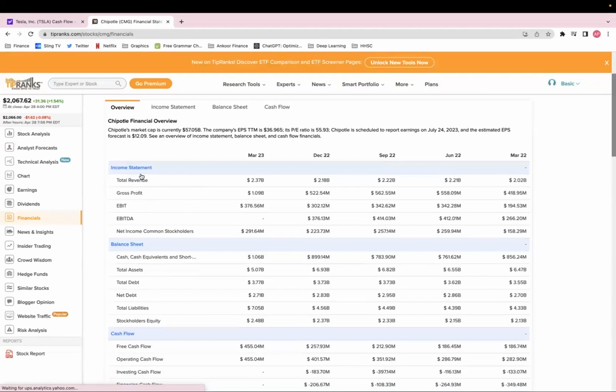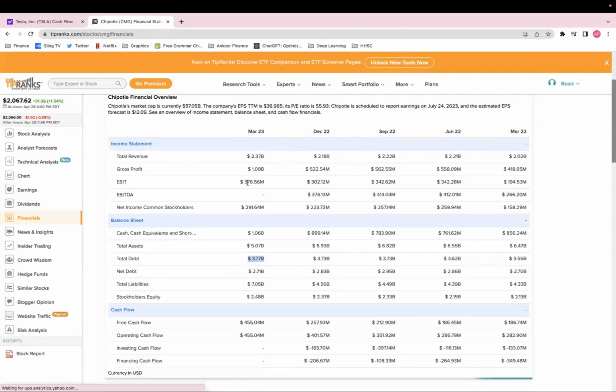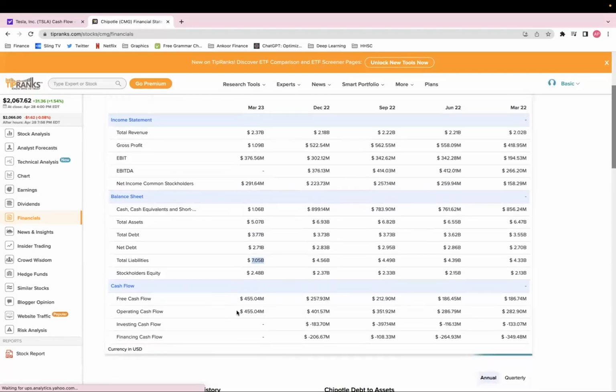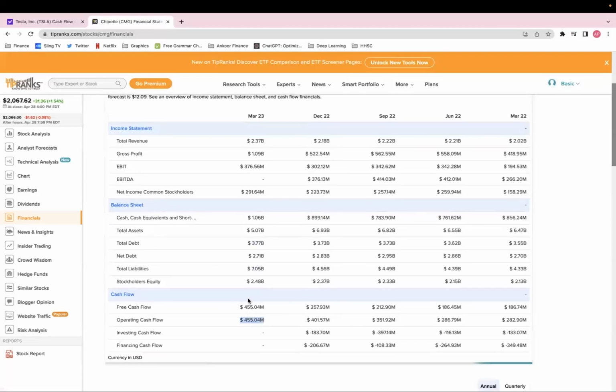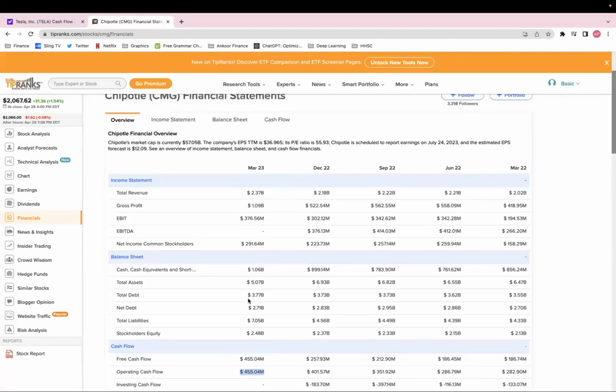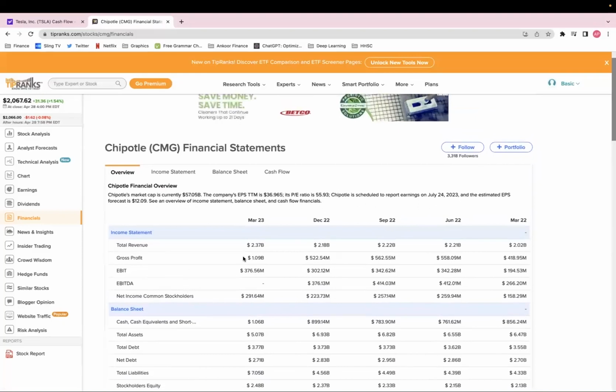These guys have summarized the income statement, and the balance sheet. Total debt is 3.7 billion, as of March this year, the latest released. How much liabilities they have. How much is the free operating cash flow? This is the emergency money. Emergency funds is 455 million. In case something happens, they have that cash. This is the EBITDA. Total revenue is this much.